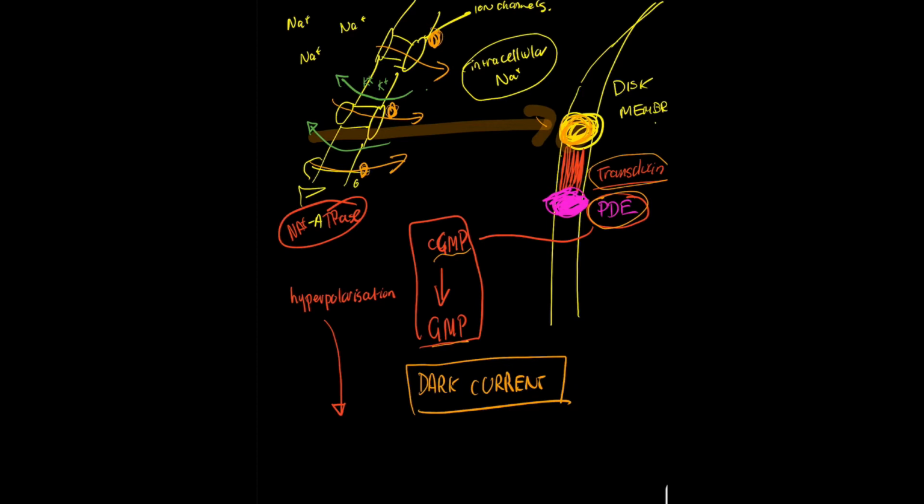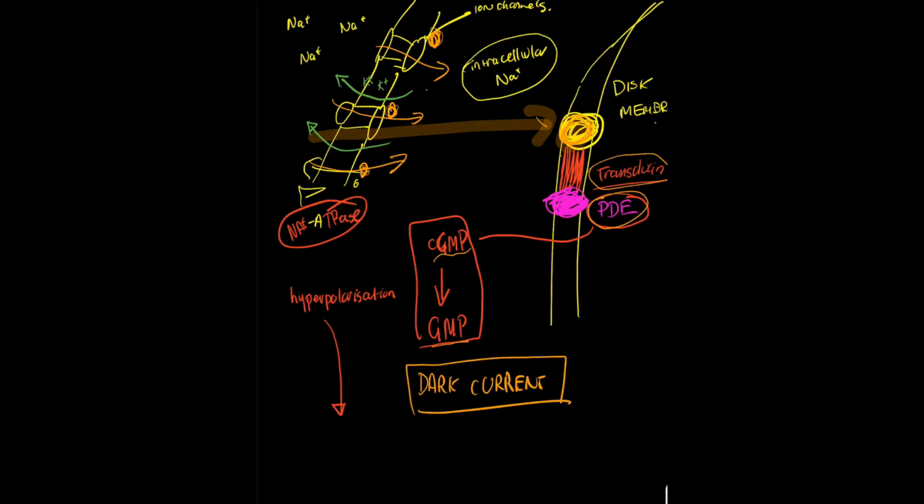That will then cause hundreds of different channels to close. That will then cause literally hundreds of thousands, if not millions, of sodium ions to stop entering, hyperpolarizing the cell. And then that will cause a huge voltage change between the cell and outside the cell. And that voltage change is actually what determines the action potential to the brain.